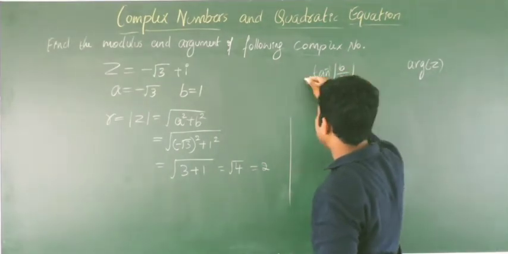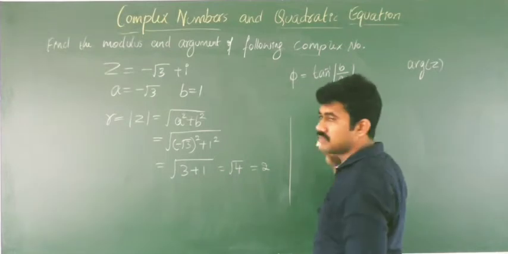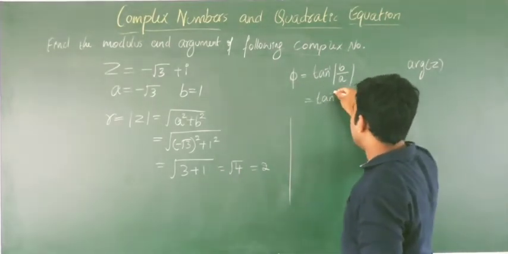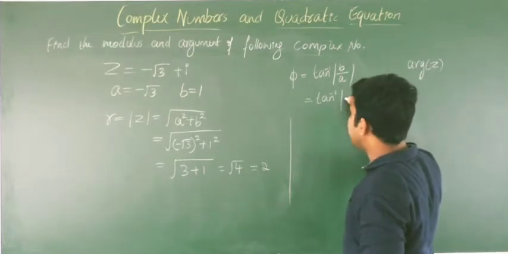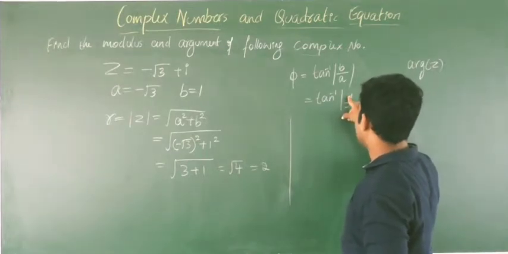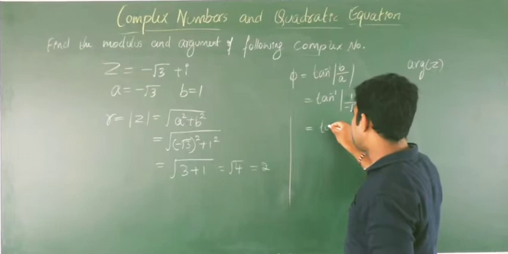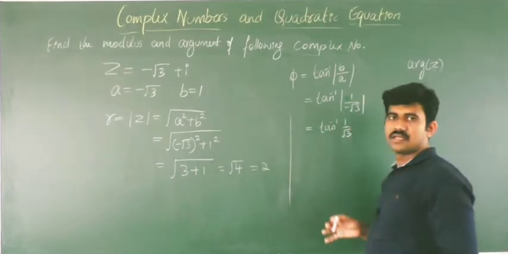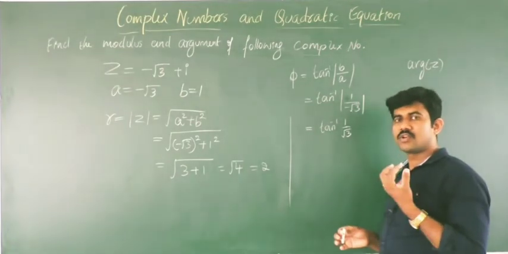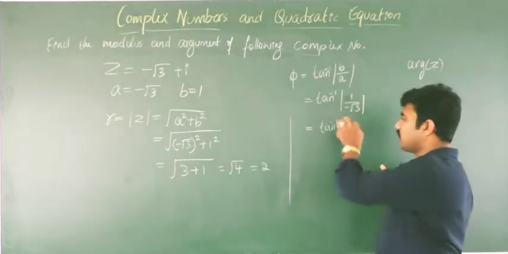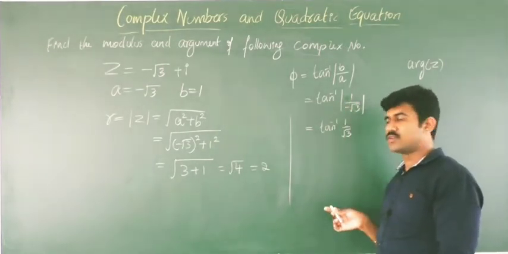Okay, so tan inverse of mod b by a means 1 divided by minus root 3, isn't it? Now this is nothing but tan inverse of 1 by root 3, because if you apply the modulus, you will get values that are non-negative, either 0 or a positive number. If you have any negative number, its modulus is positive.